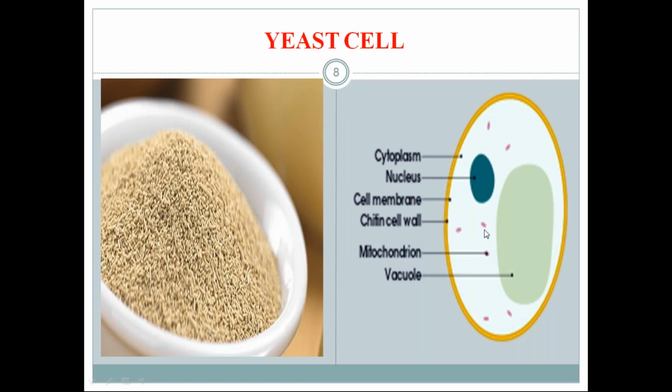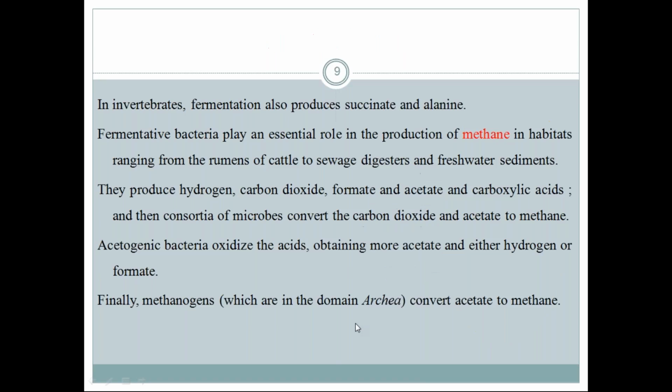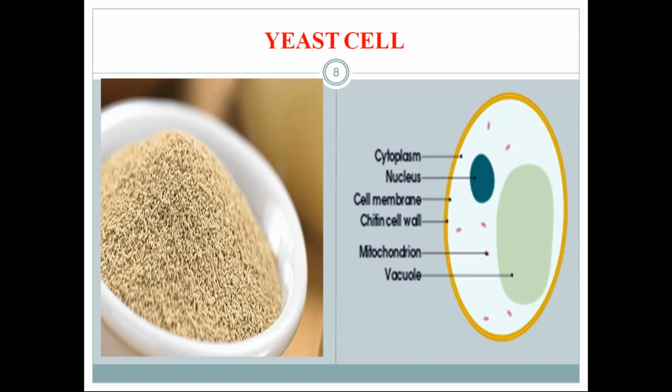Then after mitochondrion there is a nucleus. Then there is a cytoplasm, cell membrane, and cell wall. Now the outermost covering is the cell wall that we know. After the cell wall there is a cell membrane, and then nucleus and cytoplasm.